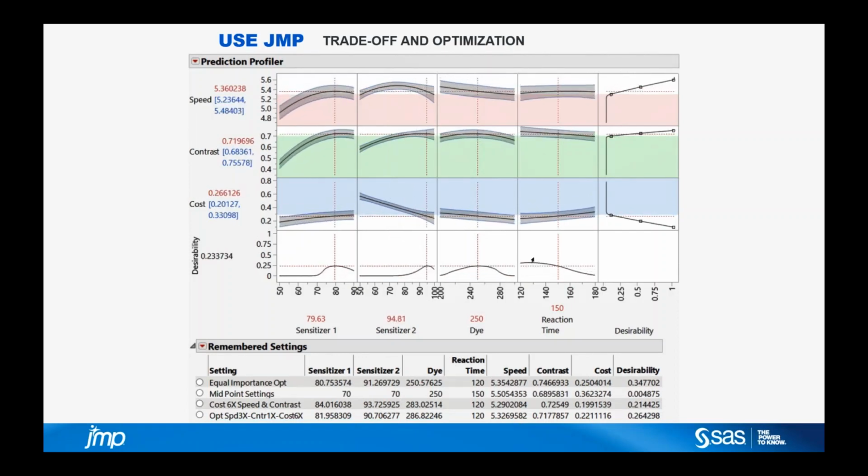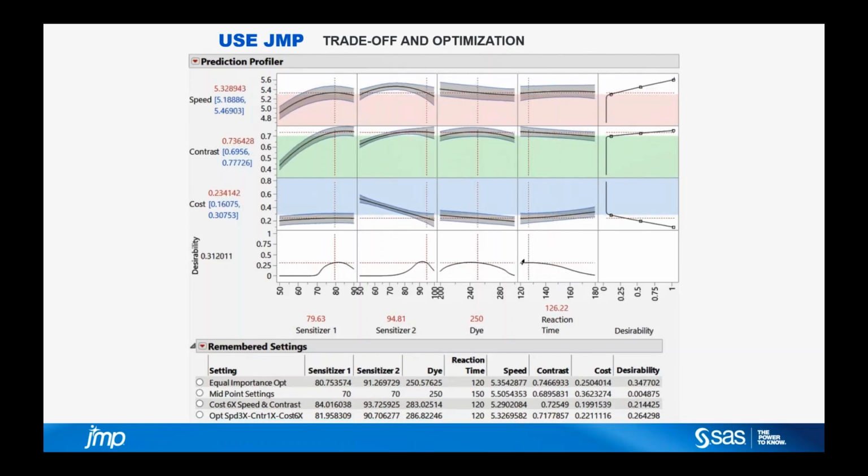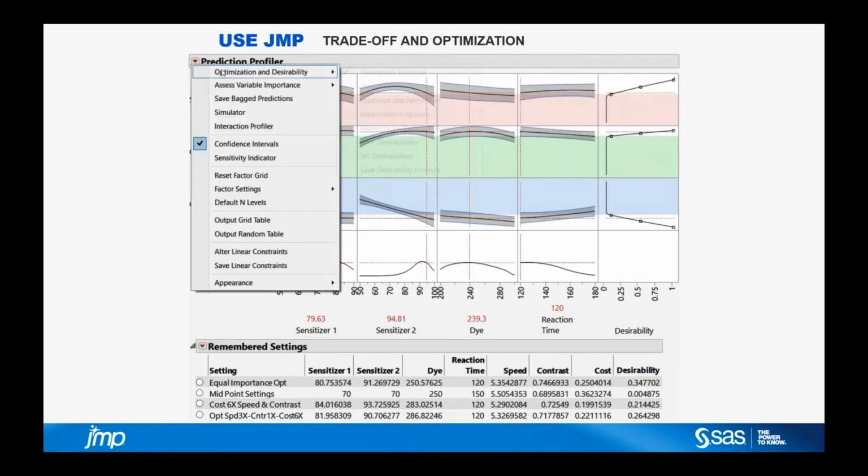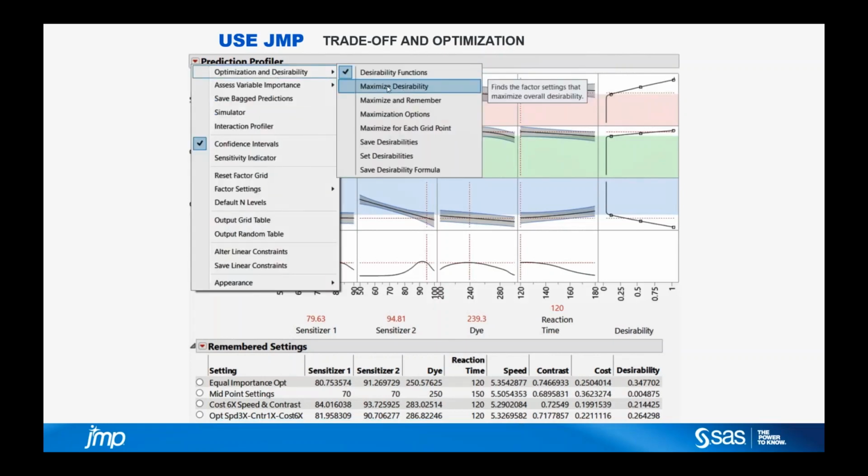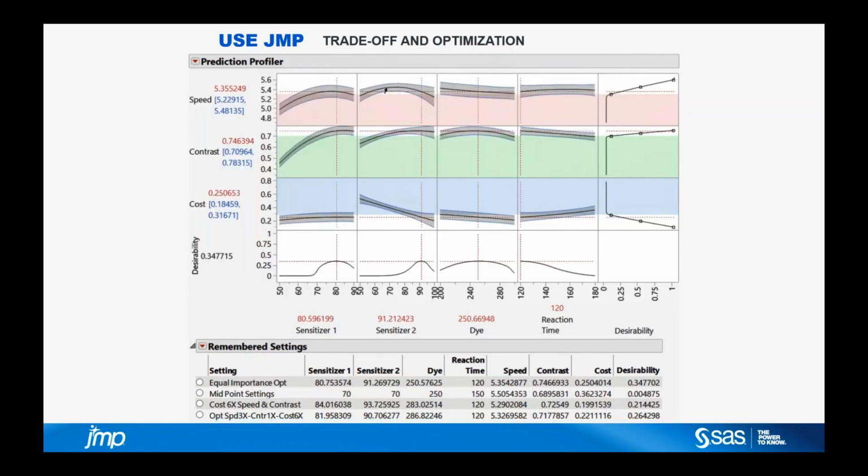In this case, we're looking at 2 performance metrics as well as cost. And the question is, where in this 4-dimensional factor space can I find the conditions that give me the lowest cost and the highest performance? And of course, that result is going to be dependent upon, well, how important is cost to you and how important is performance to you?